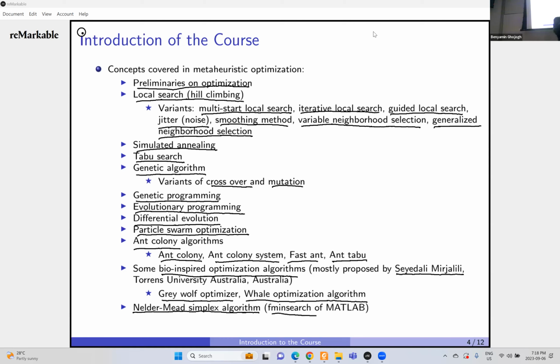One of them is classical optimization. The other one is metaheuristic optimization. Classical optimization is optimization using mathematics. If you are crazy for mathematics, I think you will like classical optimization, such as gradient descent, such as Newton's method, such as interior point method.